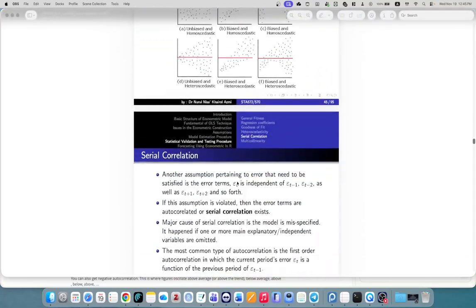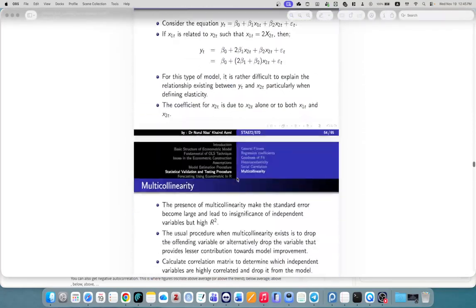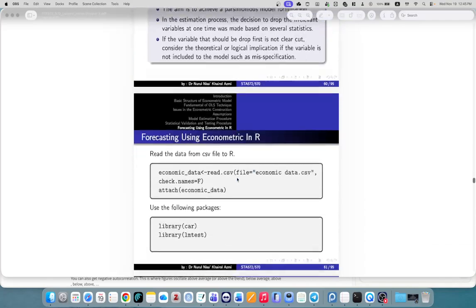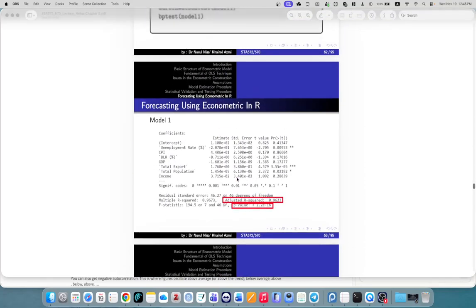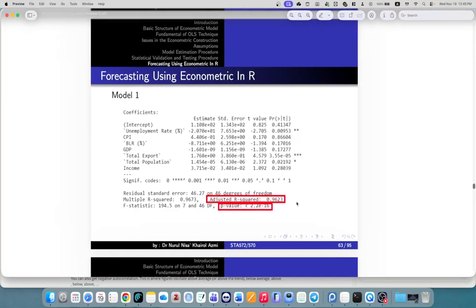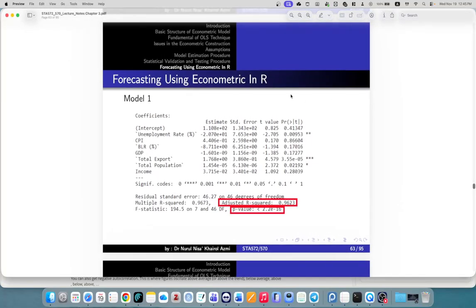Okay, as an example here, if we go to the slide with the output, let's say this is the output. The F-test is this one.